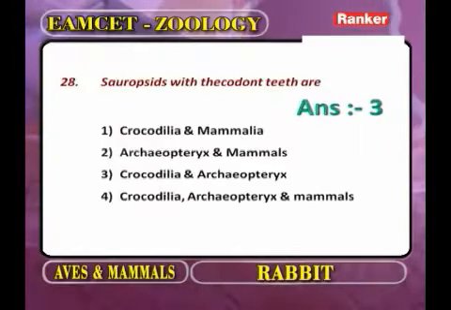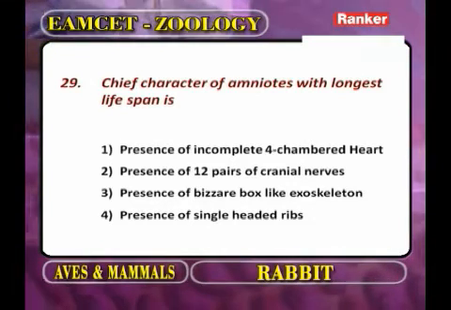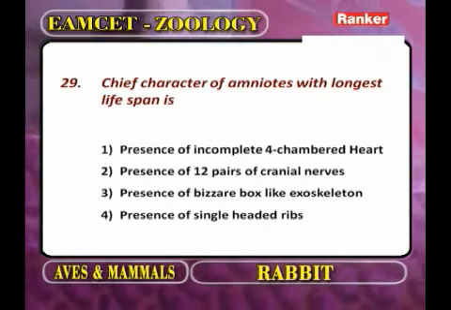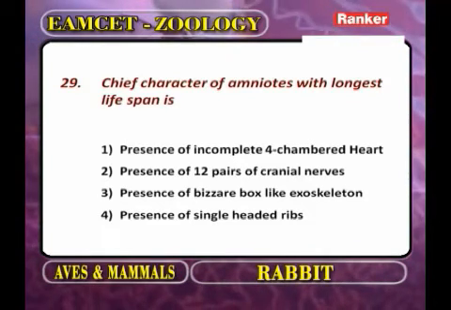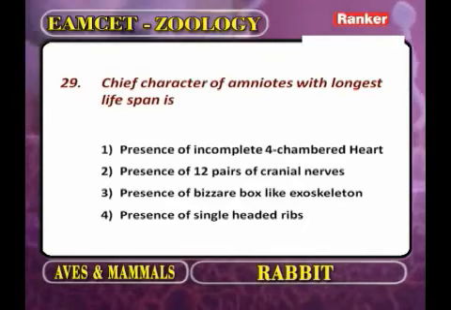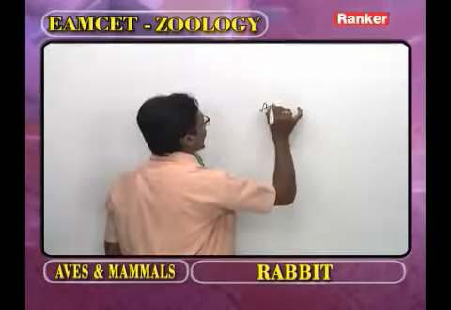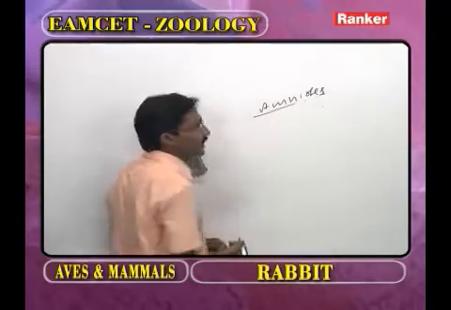Now we go for the next question. Chief character of amniotes with longest lifespan. Now again, you observe the question. Here they are asking the chief character of amniotes. Now, what are the amniotes? Amniotes means what is present? Amnion.